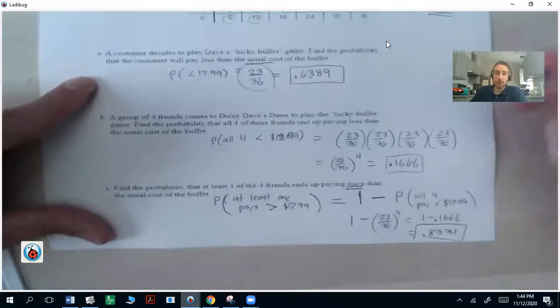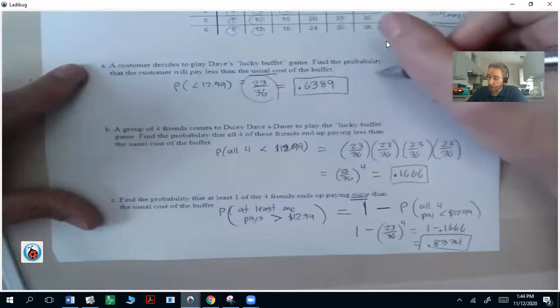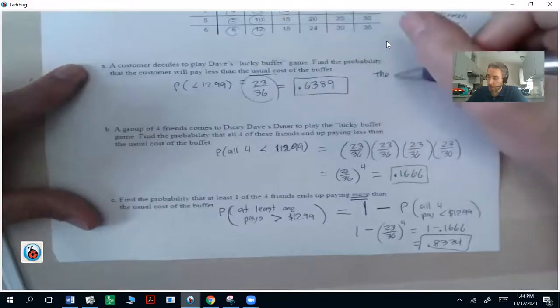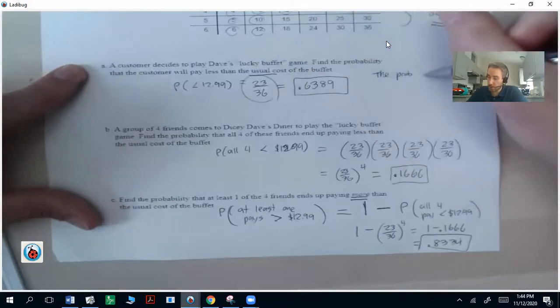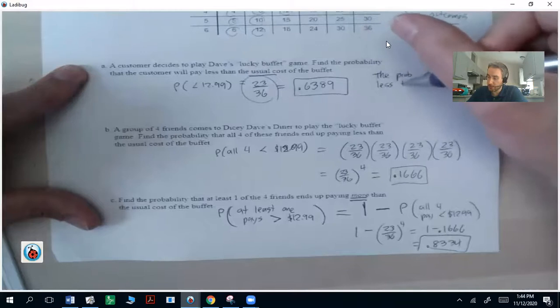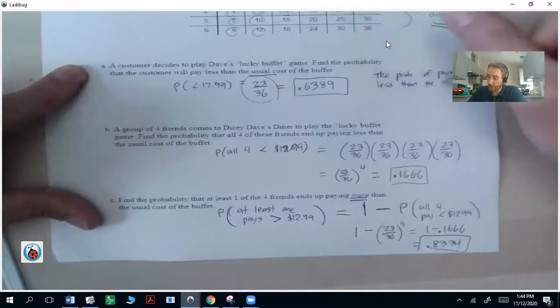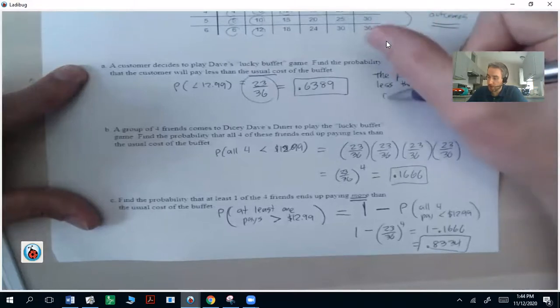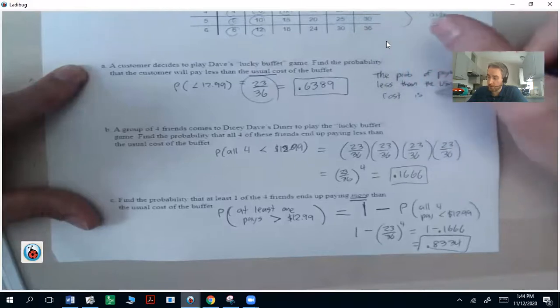We would want to put these in words. So the probability of paying less than the usual cost is 0.6389.